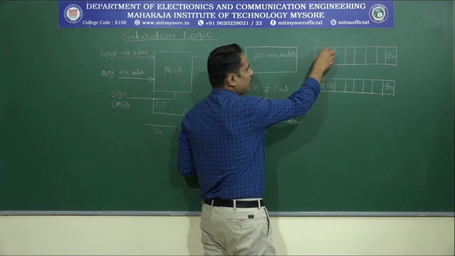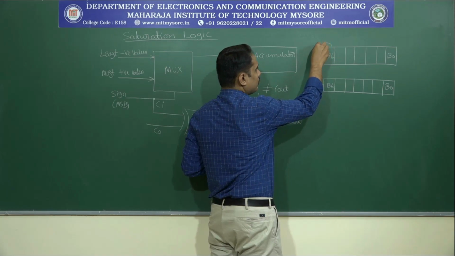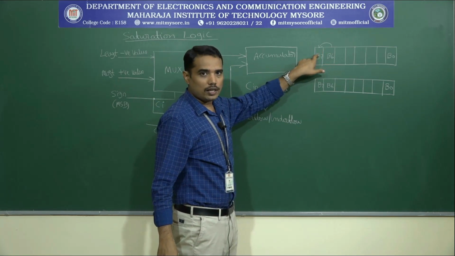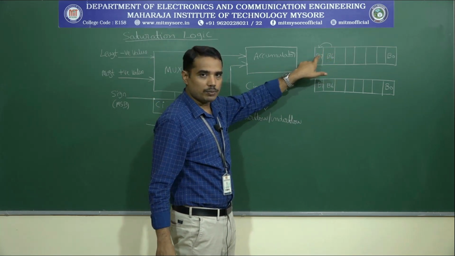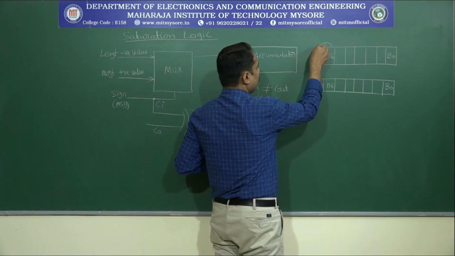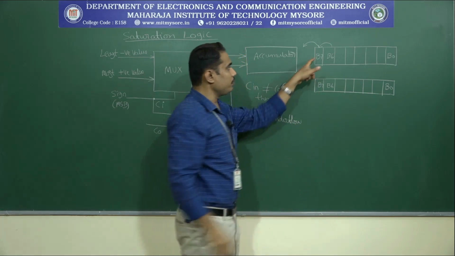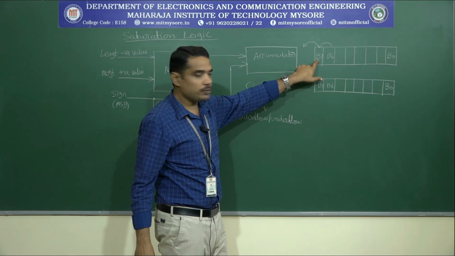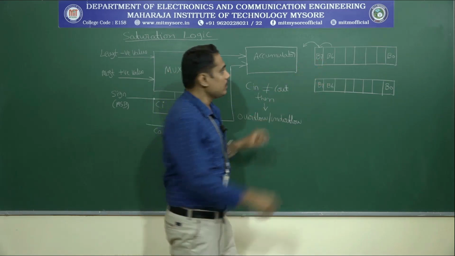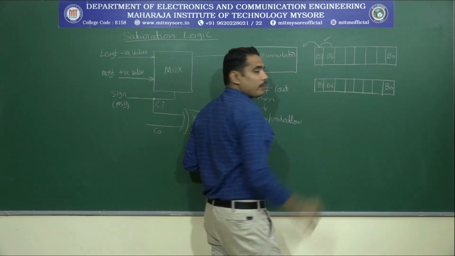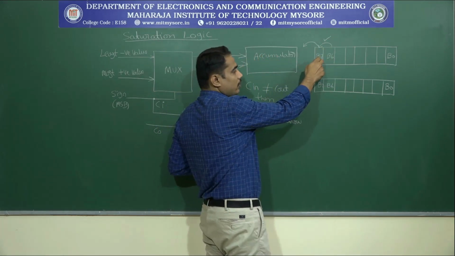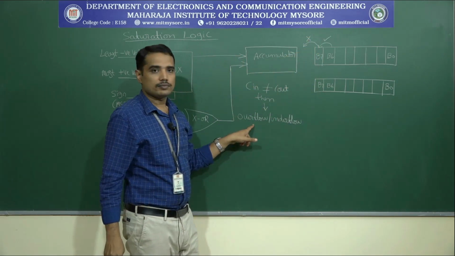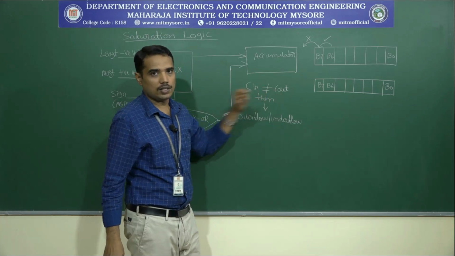That means there should be a carry into the MSB, that is, a carry from B6 to B7. Simultaneously, there should not be any carry from B7, that is, from the MSB there should not be a carry. To the MSB, it should accept the carry. From B6 to B7, a carry should be there, while from B7 there should not be any carry. In such a case, we can say that C in is not equal to C out.